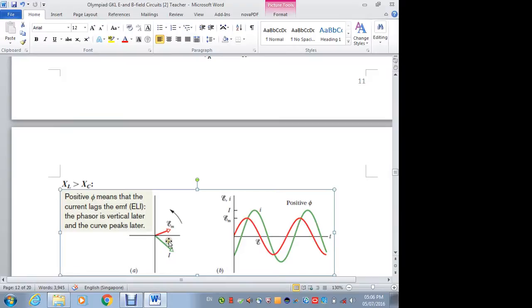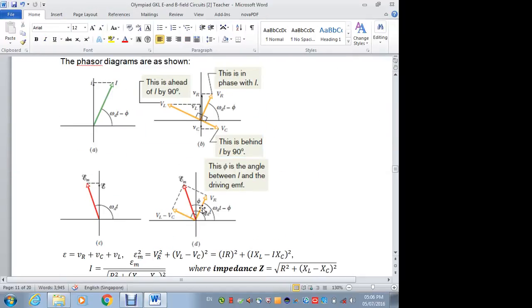But why do you get this? You notice you have shifted the EM. In the previous diagram, the EM was in a certain direction. Now you have shifted the EM to the reference, some angle above the x-axis. So I will be following VR, so EM will be leading. If you compare back to this diagram, EM is here, VR is here.